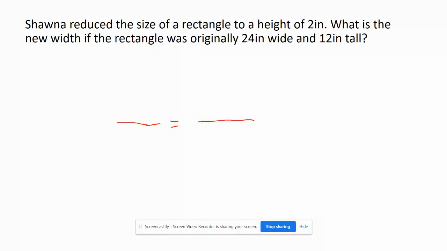Let's see what we start off with. This is the original. It was a 24-inch width. I just label that with a W just so I can know to put the width over here. 12-inch height.